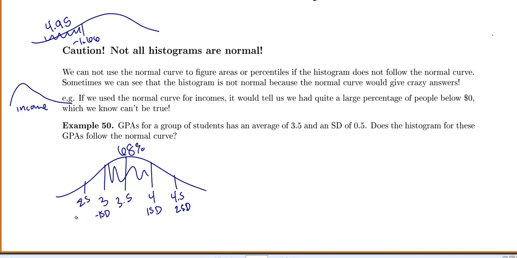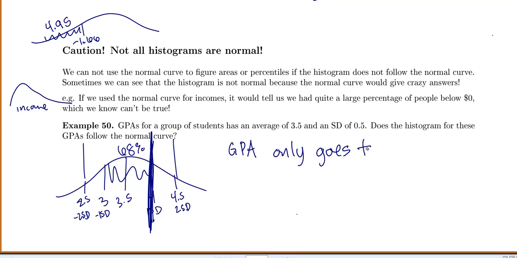So up 2 SDs, negative 2 SDs. And that should be 95%. But wait, that doesn't make any sense. It can't look like this because GPAs stop at 4. It doesn't make sense for it to be centered at 3.5 when it only goes to 4. So the normal curve doesn't make sense.